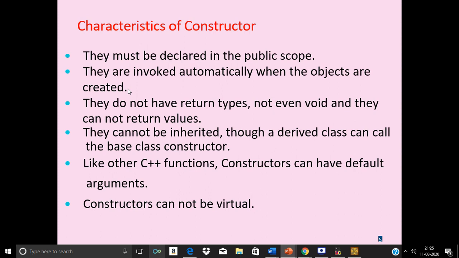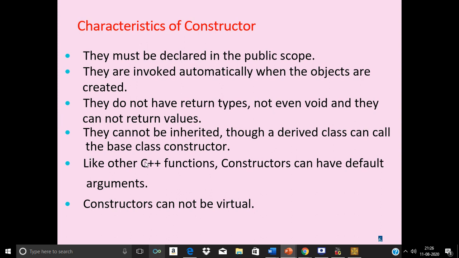Normally, when we use inheritance, all the properties of the base class come into the derived class, but here the constructor will not come. It can only make use of the base class constructor in the derived class. That's it.